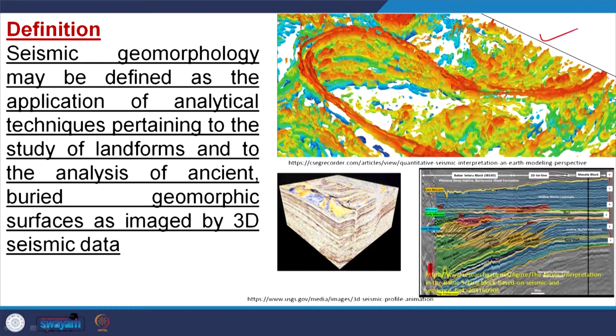It is looking like a river, a river moving in this way, and these are the point bars. If you remember fluvial geomorphology, these are the point bars, and this point bar migrates, that is a separate part of the story. But here it is looking like the river and the point bar migration. Similarly, these are the migration of the point bars.